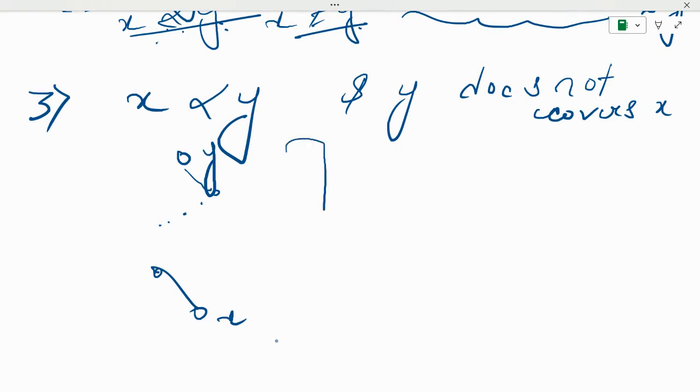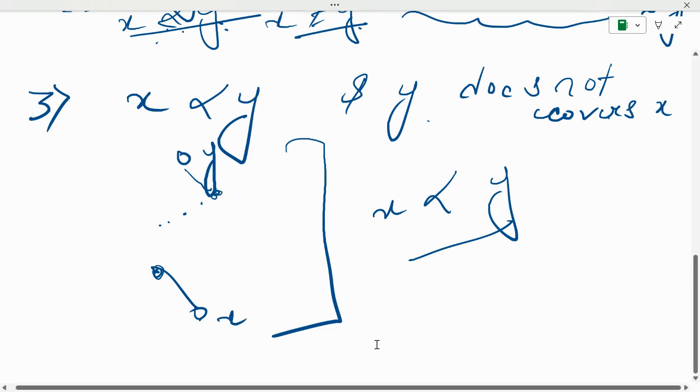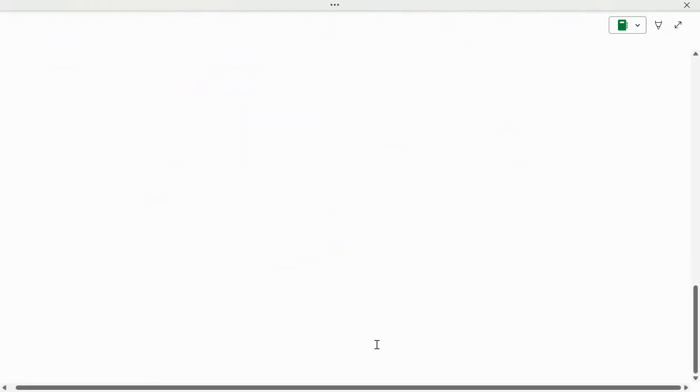So x has a relationship with y, but y does not cover x. There can be some middle elements like z, such that x has a poset relationship with z and so on. Now we'll construct it, and let's see how it happens.